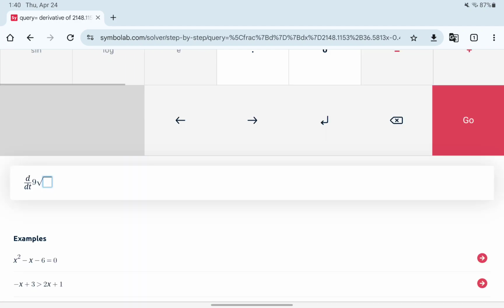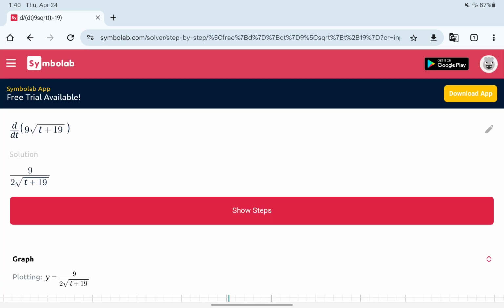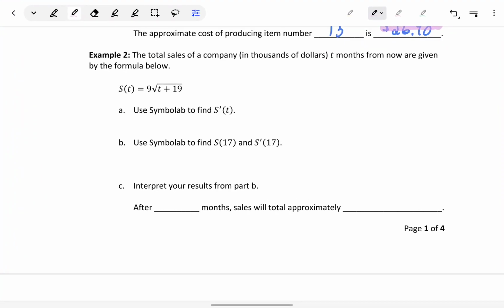We'll select that square root from the palette up above, so we'll take 9 times the square root of t plus 19 to get our derivative function. So s prime of t will be equal to 9 over 2 times the square root of t plus 19.